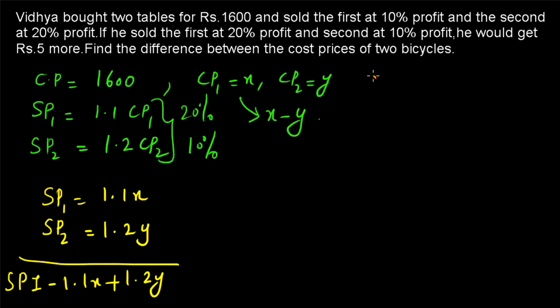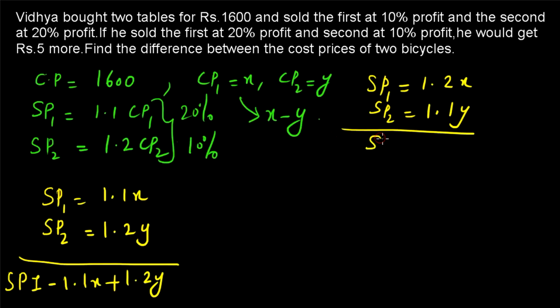What about the second case? In the second case, SP1 will be equal to 1.2x and SP2 will be equal to 1.1y. The first is sold at 20% profit and the second is sold at 10% profit. So what will be the total selling price? The total selling price will be equal to 1.2x plus 1.1y. Then what is given?